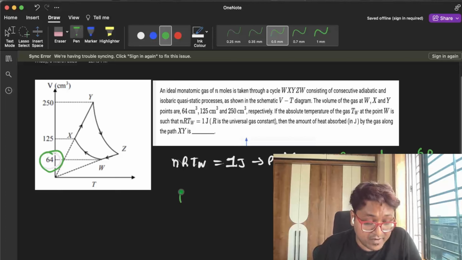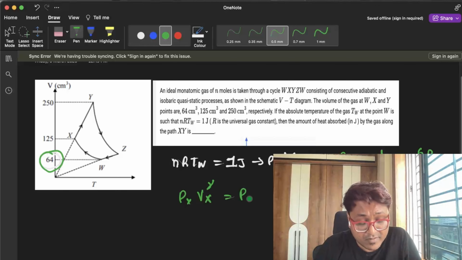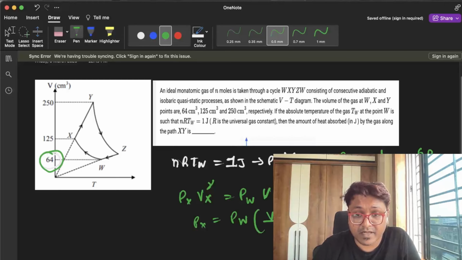We write VX to the power gamma equals to PW VW to the power gamma, because this is an adiabatic process. From here, our PX value will be nothing but PW VW to the power gamma by VX to the power gamma. Correct? Simple.